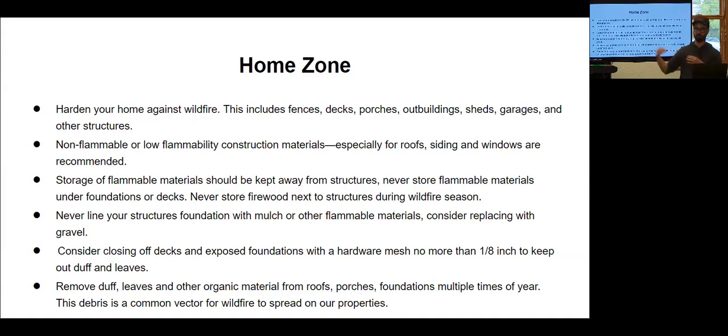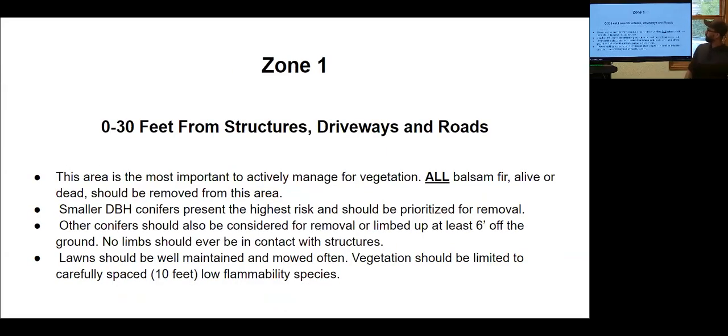Any flammable material is going to get sucked into those vents and openings as well. So you want to be diligent about closing off any vector for that to come into your house, because even if the outside of your structure is fairly resilient and less flammable, the inside of your structures definitely aren't.